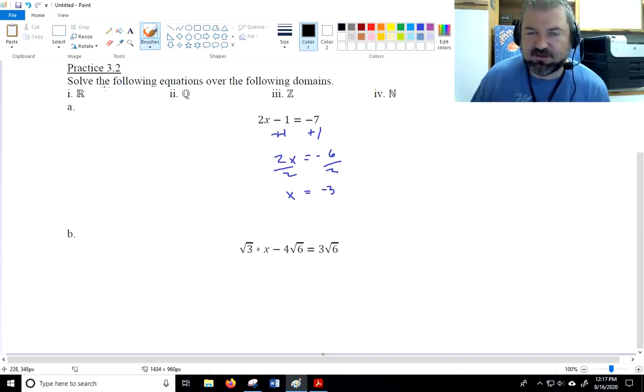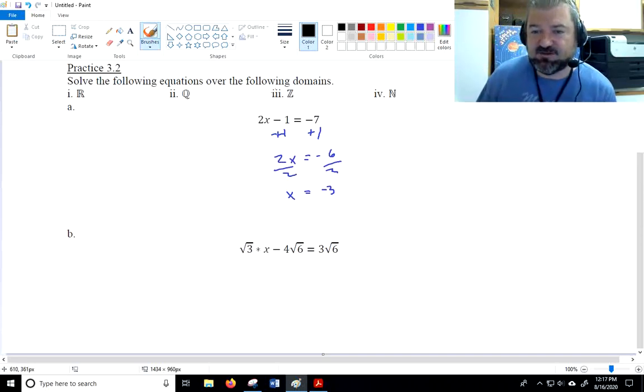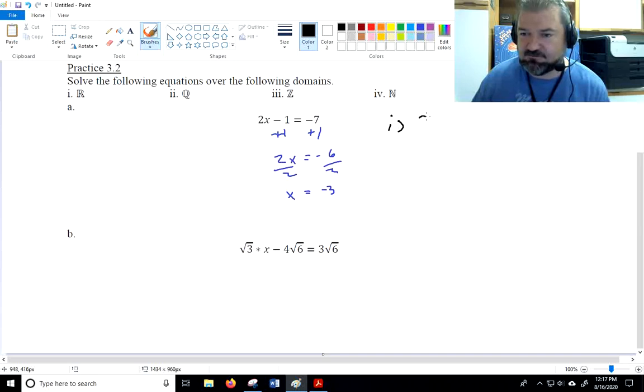R, real numbers. Basically, every number we've encountered so far in this class has been real, so that's good. Q, rational numbers. Any number that is a fraction or could be expressed as a fraction. Z, the integers. Those are your positive whole numbers and your negative whole numbers. And the natural numbers, those are your counting numbers, 1, 2, 3, 4, 5, 6, 7, etc. So this solution is definitely real.